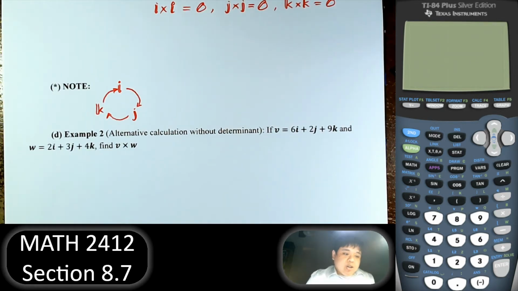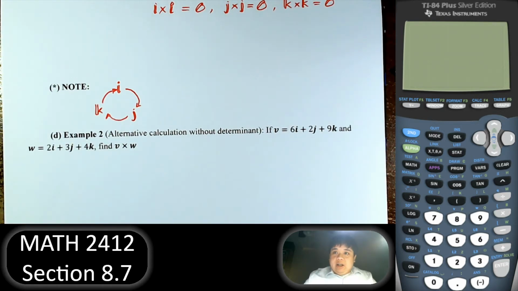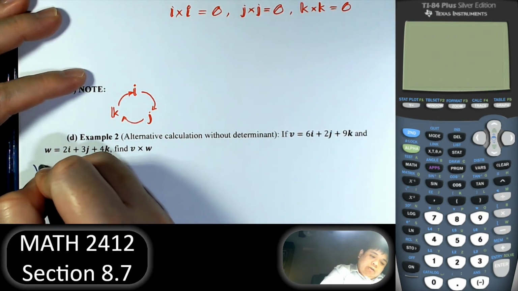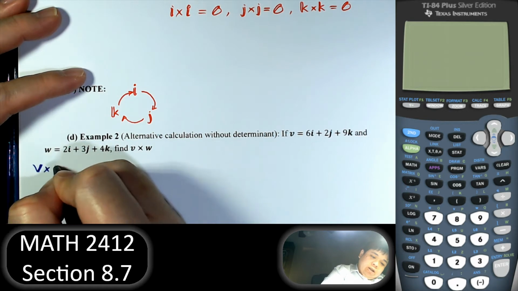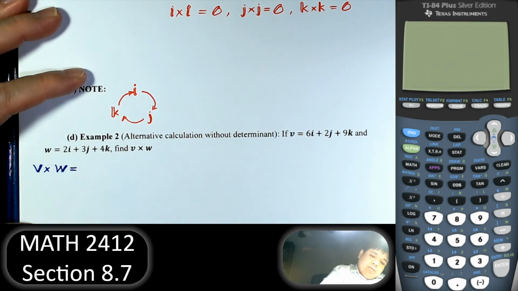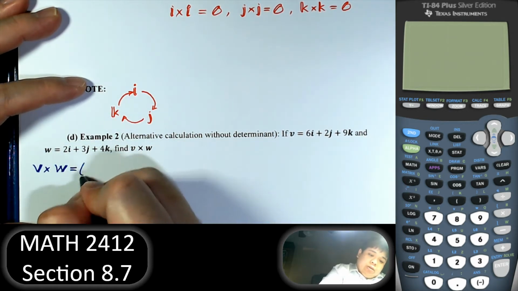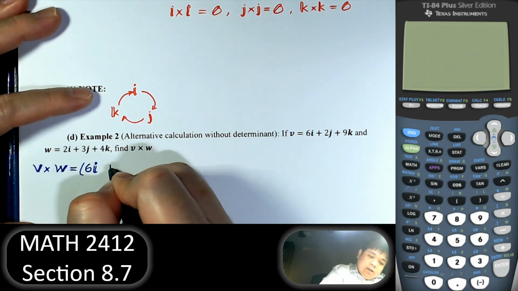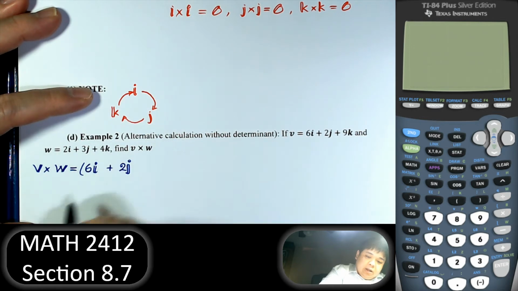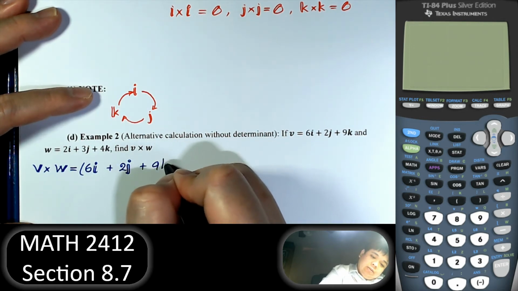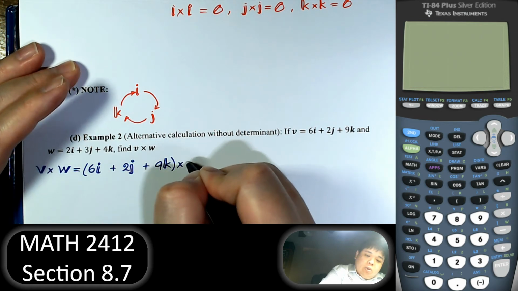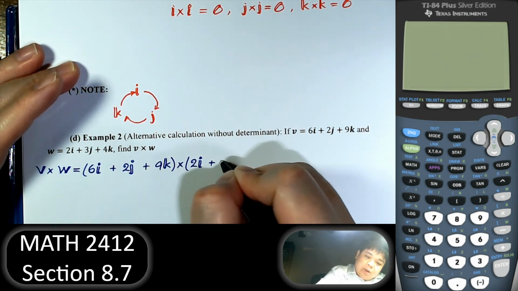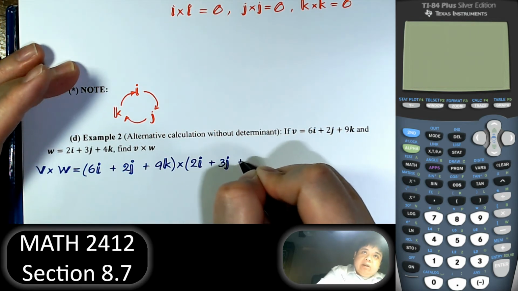Alright, now let's do this using a different way. Now, v cross w. I will write the ijk components: 6i, 2j and 9k, that cross with 2i, 3j and 4k.